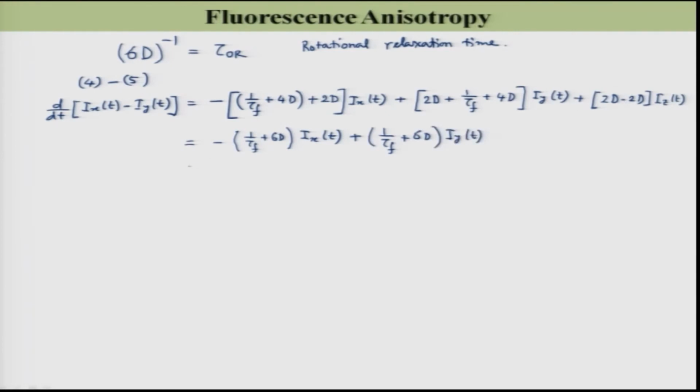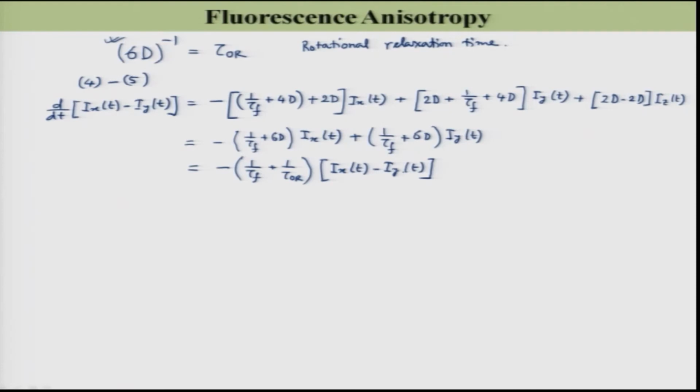So, then this will be equal to minus 1 over tau f plus 1 over tau r. See here this relation, this I took outside. So, then this is equal to Ix(t) minus Iy(t).